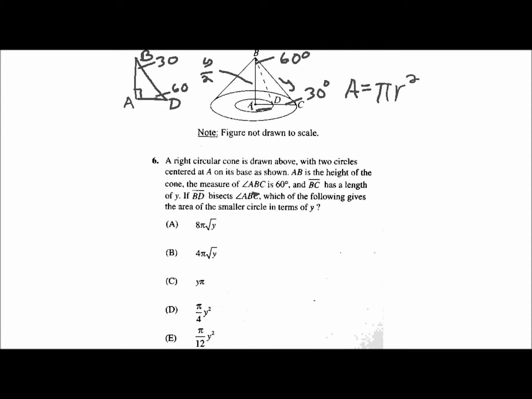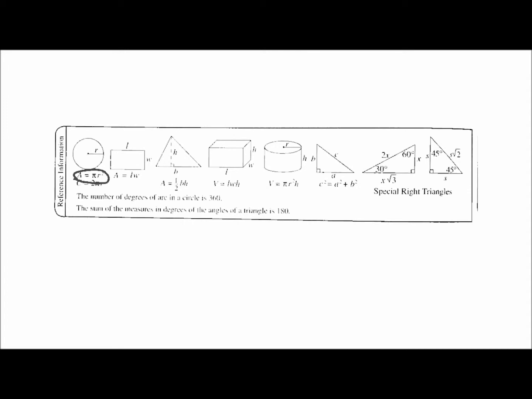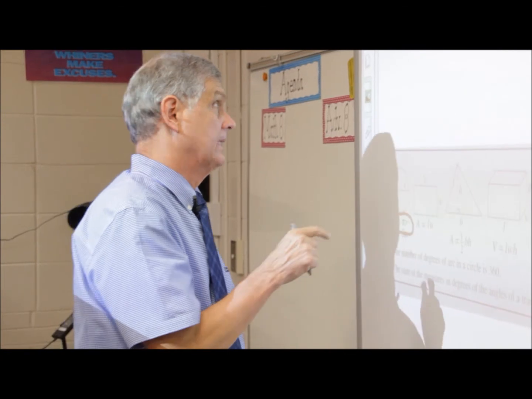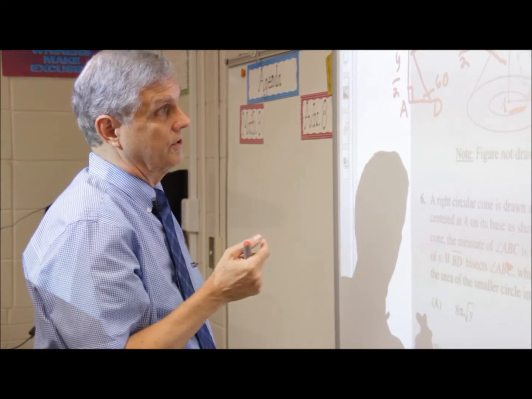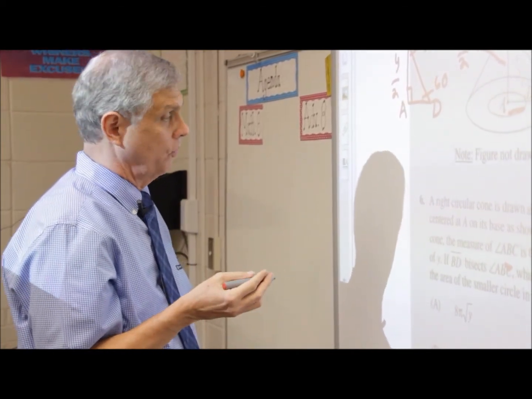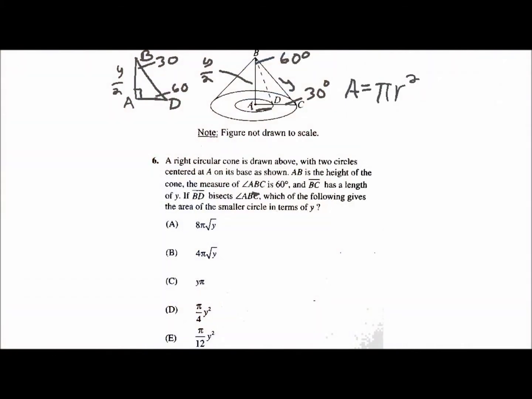Now let's look at the relationships. We also know that that side over here is y over 2. Well, that's the side opposite the 60 degree angle. Let's look again. The side opposite the 60 degree angle, in order to use these ratios, is something multiplied times the square root of 3. Well, the problem is we don't really have it in that form right here. We have y over 2. That doesn't look like something times the square root of 3. So I'm going to make it something times the square root of 3. It's a little device. As you know, you can multiply anything by 1 and it doesn't change the value.